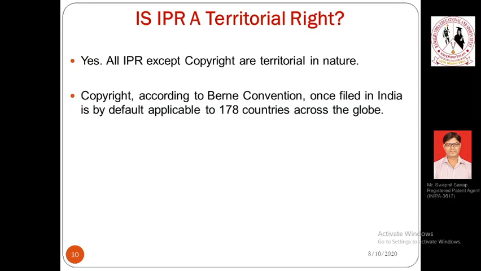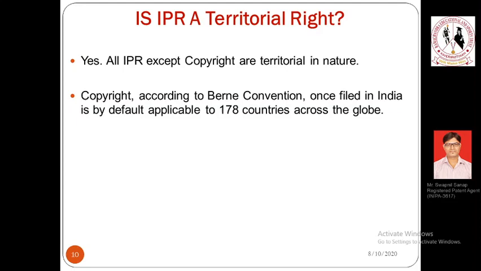Similarly, territorial rights are those rights which are applicable for a particular territory. Now, IPR, what it has a relation to is that all the IPRs are referred to as territorial rights. What is the meaning of that? For any IPR that is filed in India, the legal rights, or the legal enforceability of those rights, are only applicable to the Indian jurisdiction.